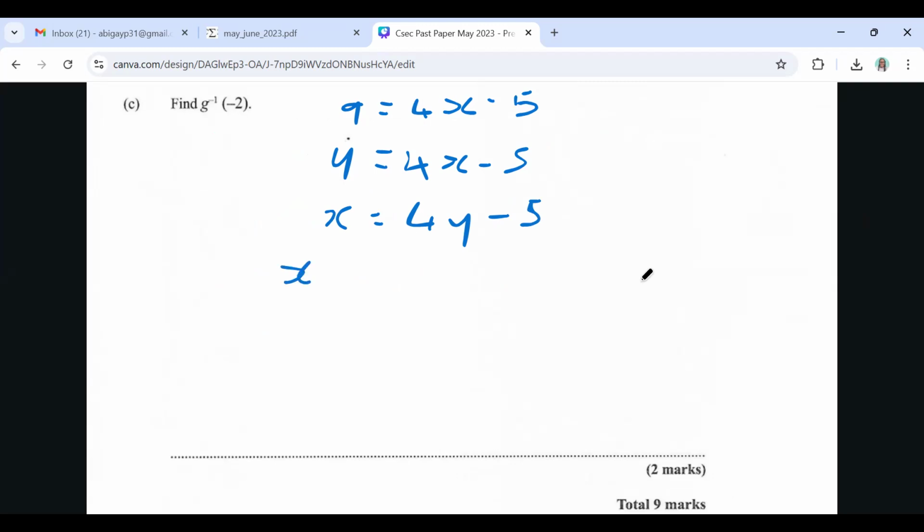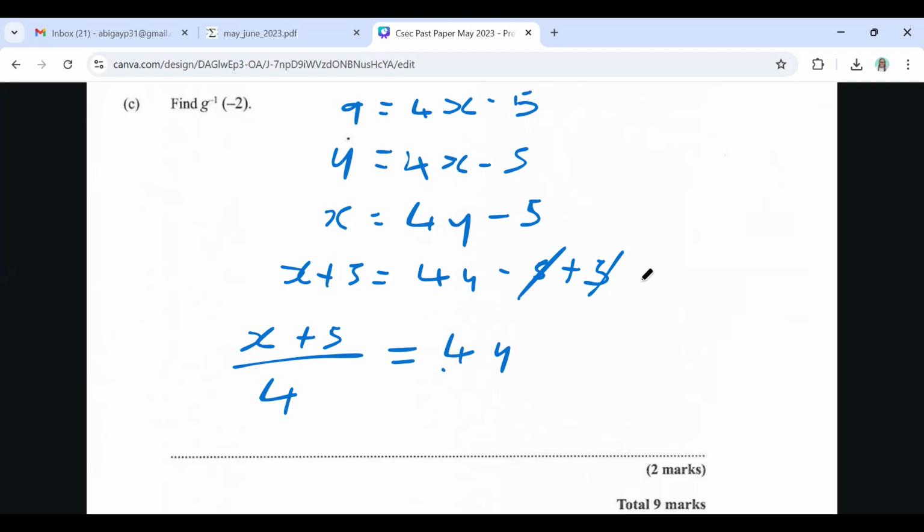So I'm going to bring over the 5. x plus 5 equals 4y minus 5 plus 5, so you know that cancels. Next, we're going to bring over the 4. So x plus 5 over 4 equals 4y divided by 4, which cancels. We get y equals x plus 5 over 4.